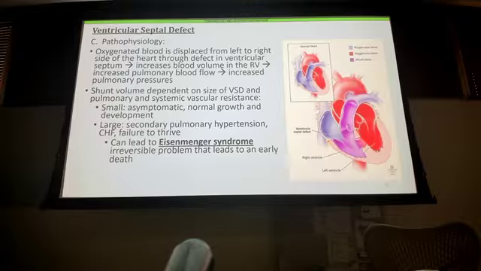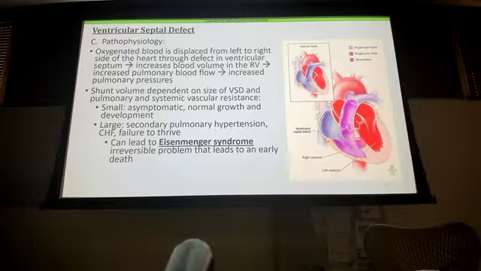The left ventricle has a much higher pressure than the right ventricle. So as the left ventricle starts to squeeze, you're going to have blood going from the left over to the right. And it leads to an acyanotic lesion because you're not having that deoxygenated blood going into the aorta. Okay. So you're not going to see cyanosis in this disease.